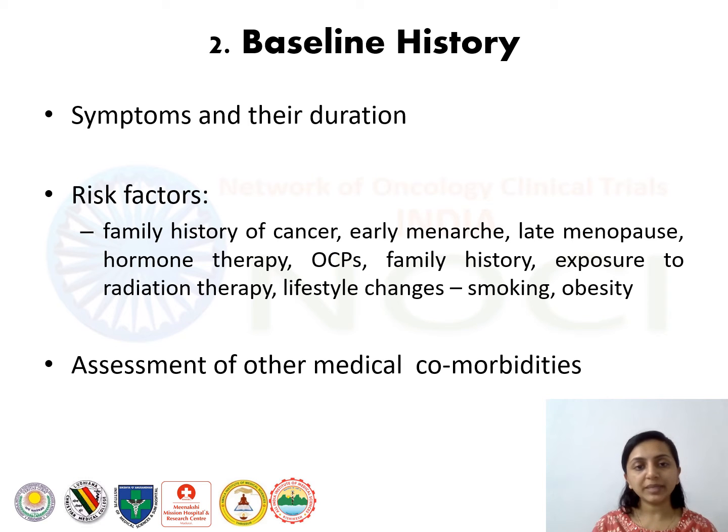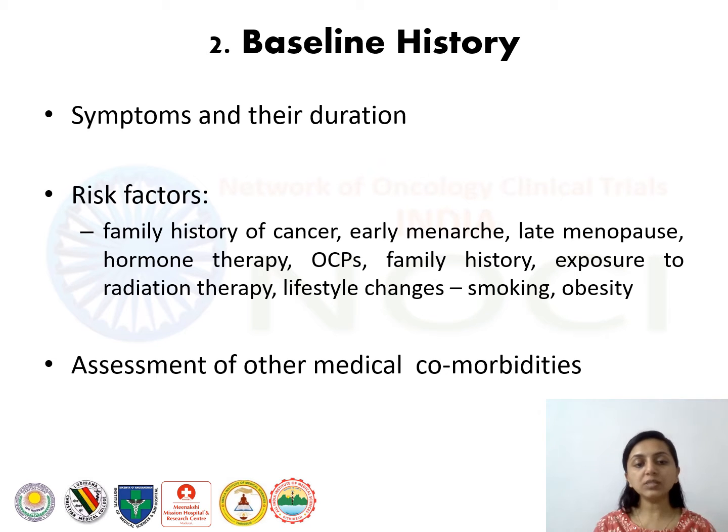Workup of a carcinoma breast patient includes collecting the baseline history, that is, the occurrence of symptoms, how long the symptoms have been present for the patient, if there have been any associated symptoms during this time period. Also, other risk factors need to be looked into, like family history of cancer, her age of attaining menarche or menopause, if she has been on any hormone therapy or oral contraceptive pills, if she has been exposed to radiation therapy, or her lifestyle changes, like if she recently started smoking or has stopped smoking, if she is obese, all these factors need to be looked into.